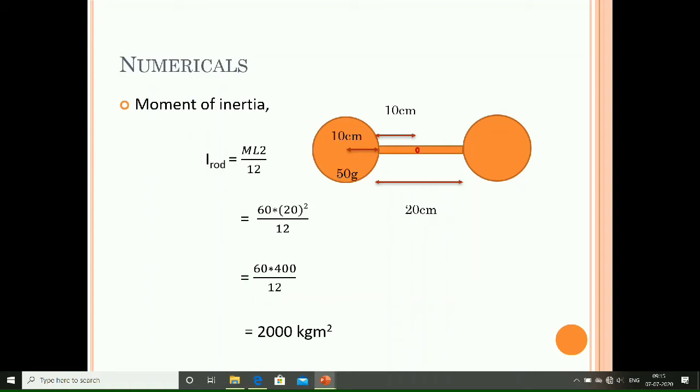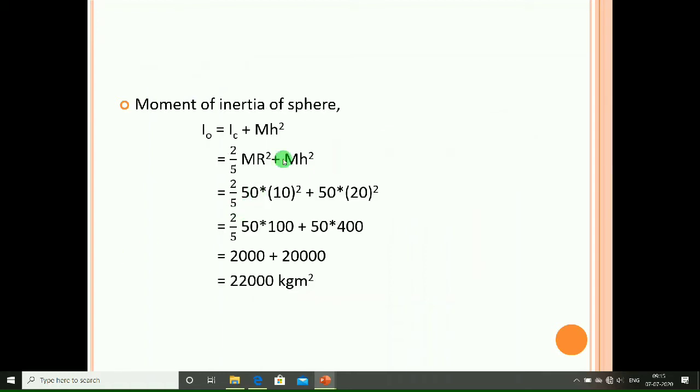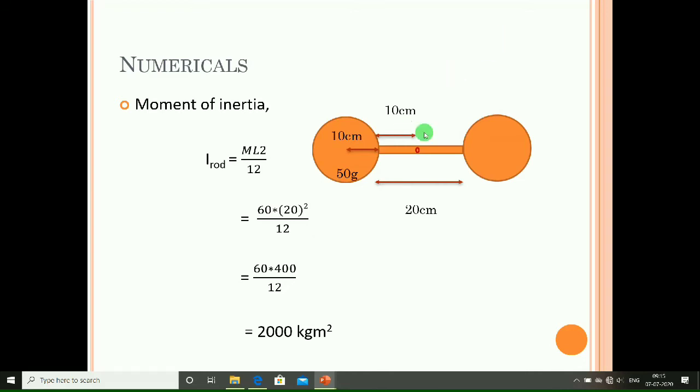Okay. Now we continue with the moment of inertia of the sphere. For the sphere, you will apply the theorem of parallel axis. One axis you will consider passing through the center of the rod, another axis you will consider passing along the diameter of the solid sphere.